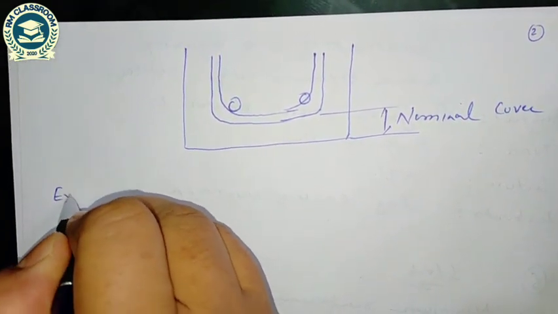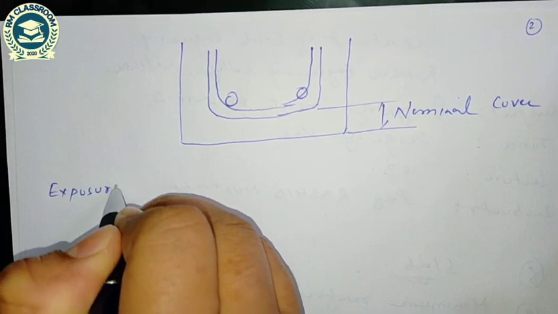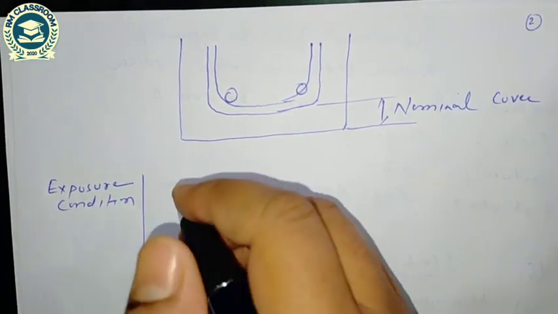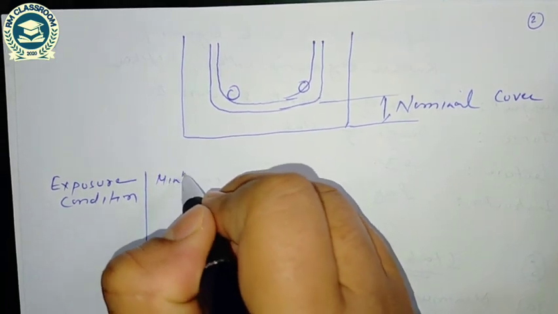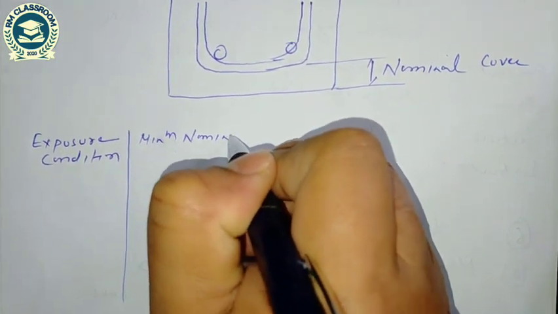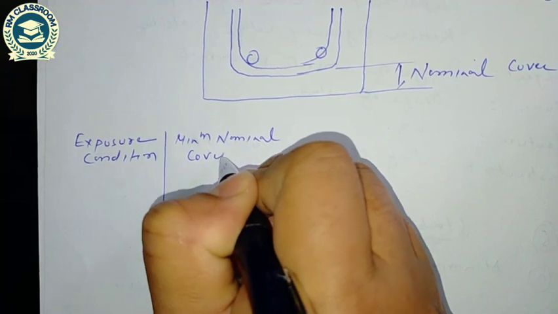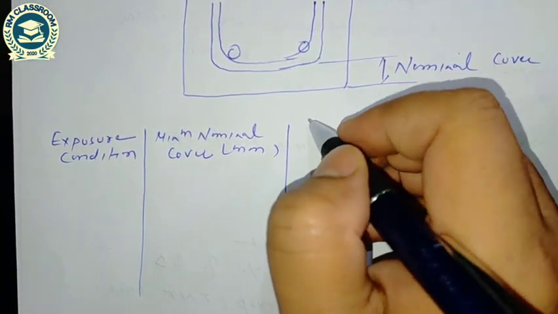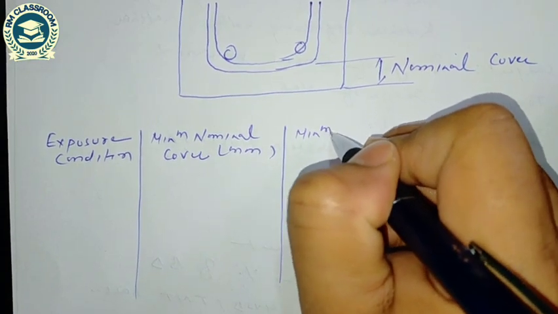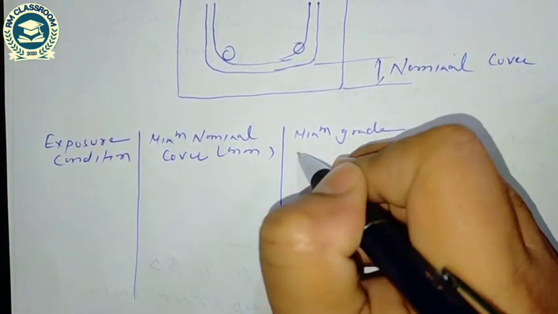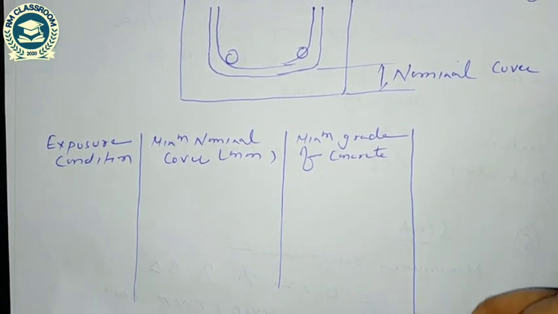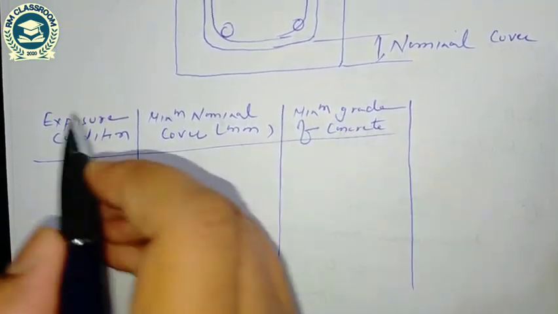According to IS 456, the minimum nominal cover and minimum grade of concrete depend on the exposure condition.